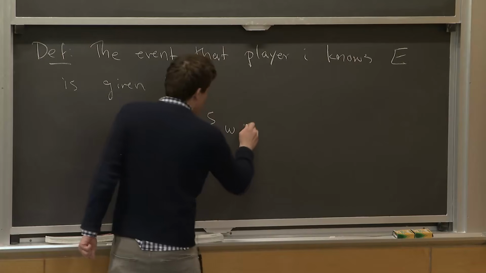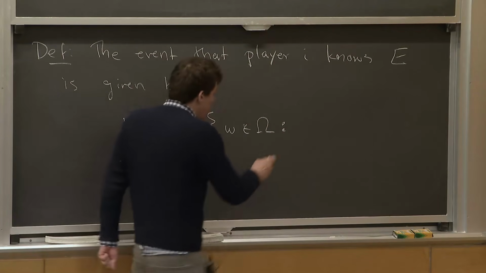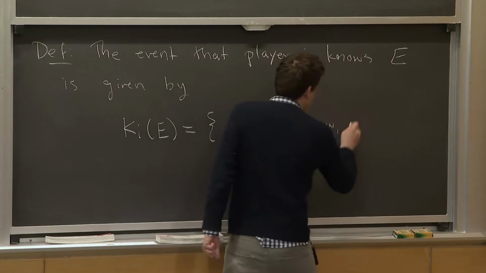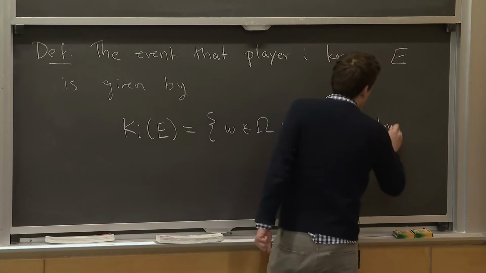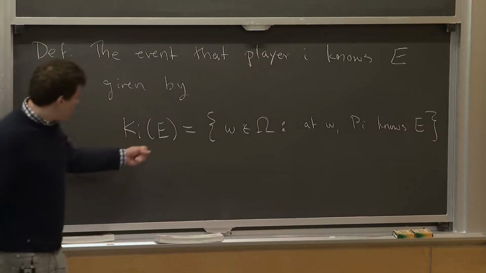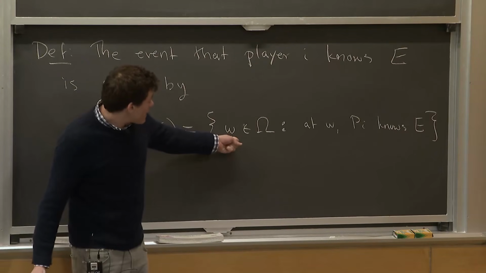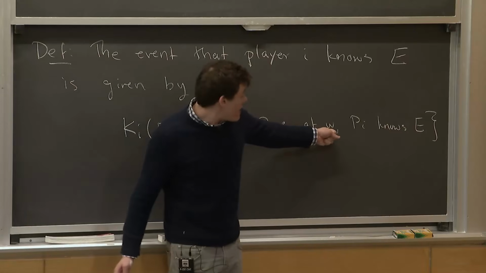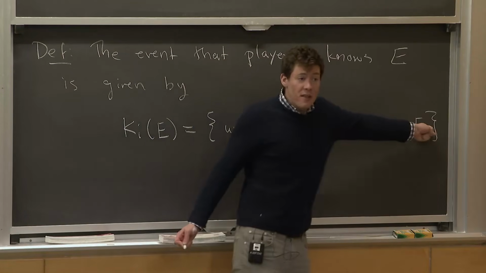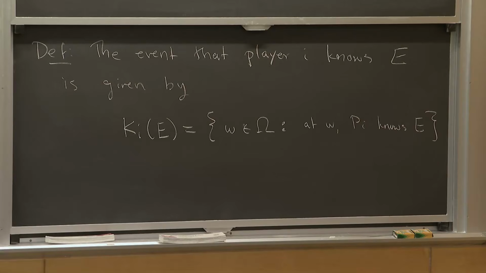It's the set of states omega, and first, maybe we'll write in words, such that at omega, player I knows E. So this is itself an event because it's a collection of states, and it's the collection of all states such that in that state, player I knows that event E has occurred. And now we can just plug in our definition from here to make this more precise.